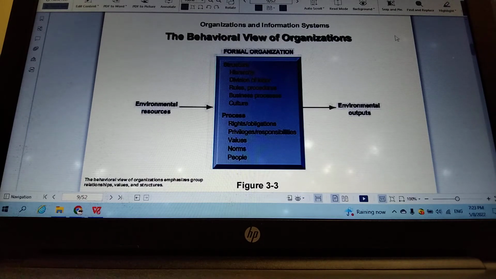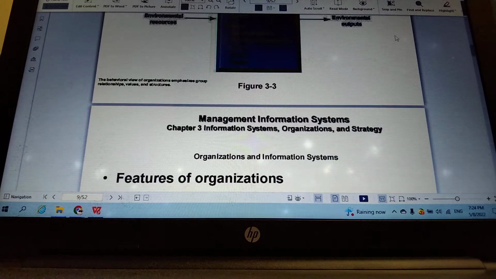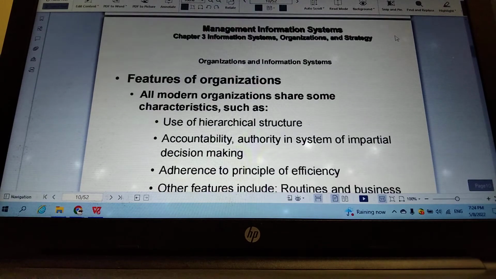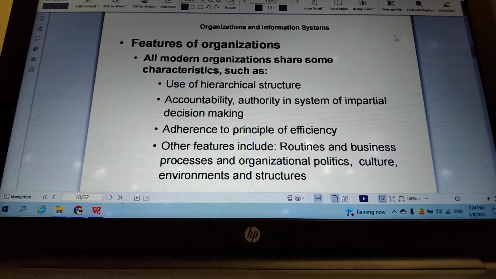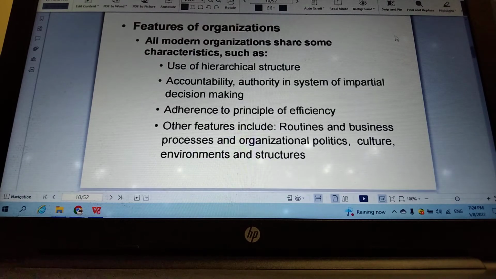It is just a matter of one making heavy use of the MIS in order to generate the output, and the other depending very much on the structure and process within the formal organization. So these are the two definitions that you can elaborate on, as per your understanding, for the technical and behavioral definition of an organization.